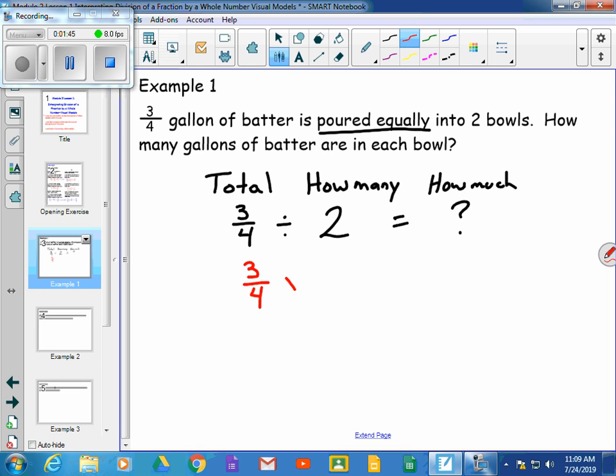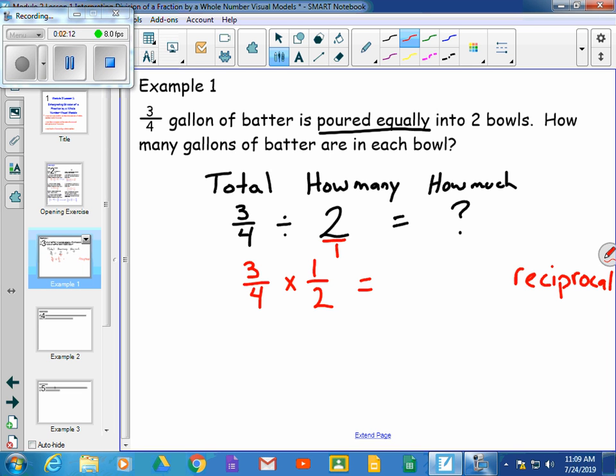We change the division to multiplication, and we're going to flip the second number. The flip of a number is called a reciprocal. That's a term that you might see in the future. Well, if we think of 2 as 2/1, and we flip it, we get 1/2.